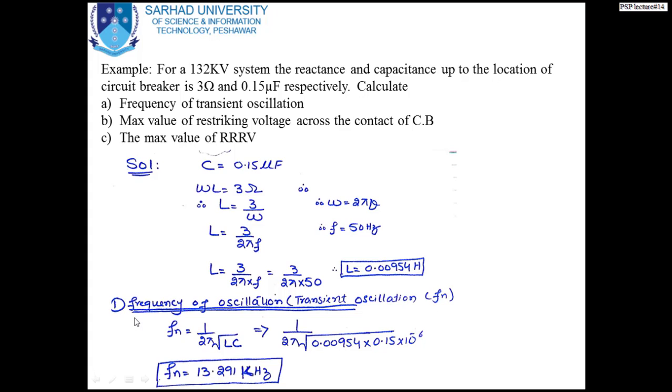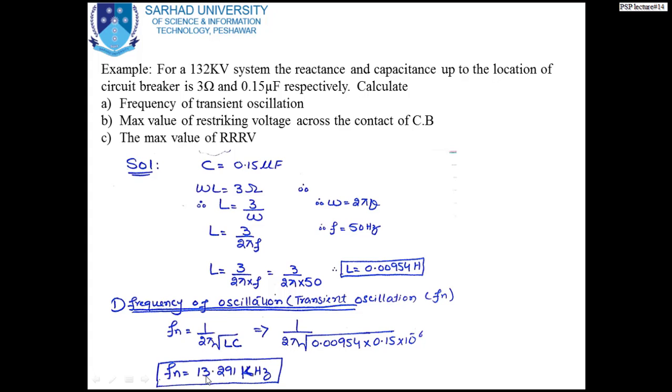So number 1, the frequency of transient oscillation. Naturally this is the resonant frequency, called resonant because we have a resonant LC circuit. So Fn is equal to 1 over 2 pi root LC. That gives the answer in hertz.